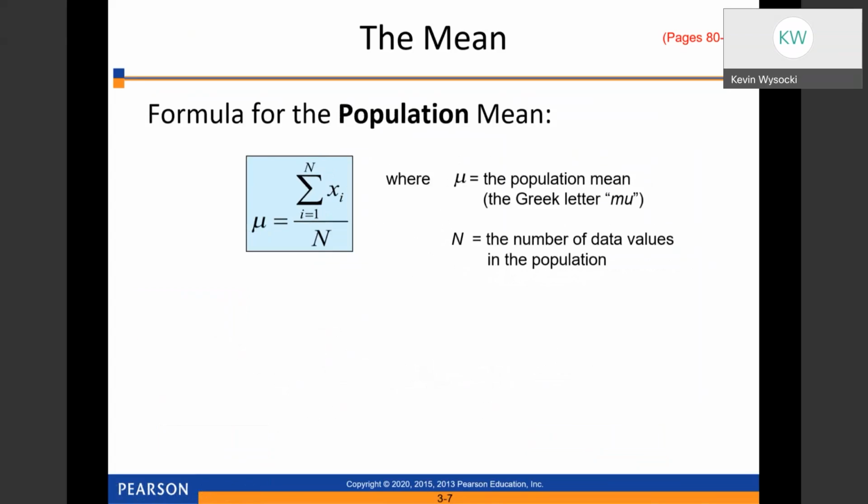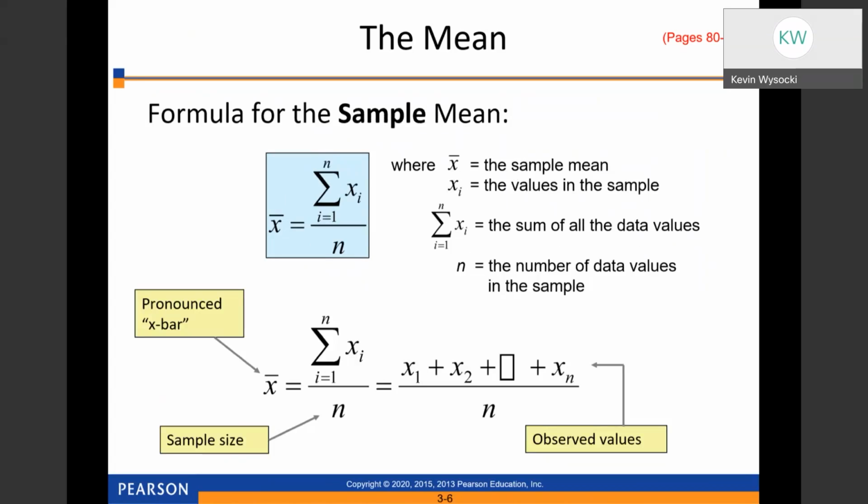There are 2 different means that they talk about: the sample mean and the population mean. I'm just going to go back to the previous screen here to tell you what the difference is. When we have a large population, if we wanted to find the population mean, we would have to measure every individual in the entire population.